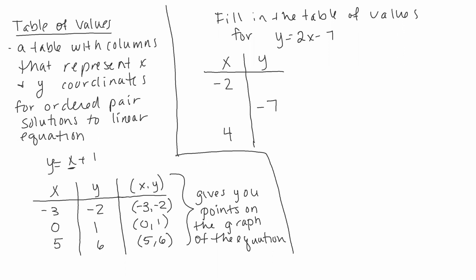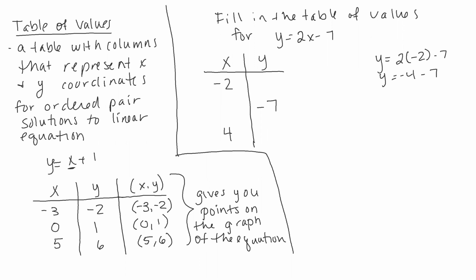So what we're going to do is take these coordinates one at a time. We're going to plug them into the given equation. We're going to solve. That's going to tell us the other coordinate. Okay. So first up, we have x is -2. So I take y equals 2 times -2 minus 7. Well, 2 times -2 is -4.